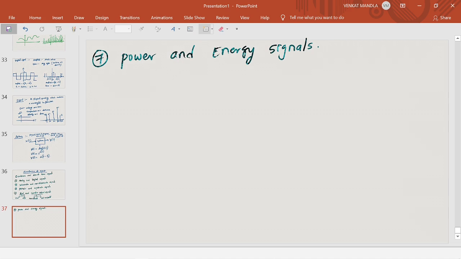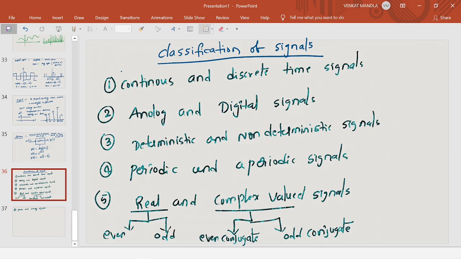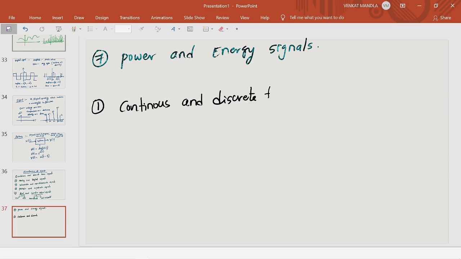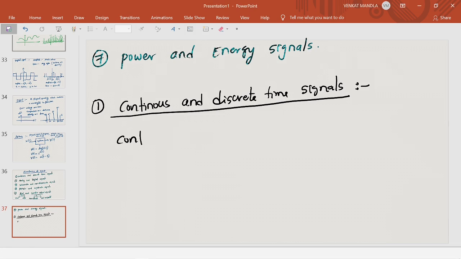Next, I will define each and every classification of the signals. First one, the continuous and discrete time signals. Okay, so first, continuous time signals.